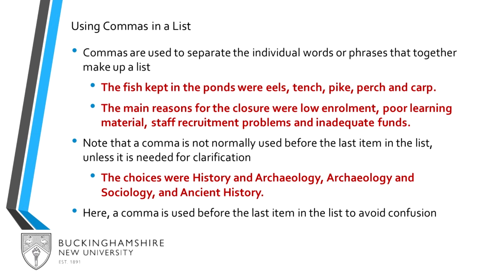And also not just limited to single words as well. If we have a look at the bullet point underneath, the main reasons for the closure were low enrollment, poor learning material, staff recruitment problems, and inadequate funds. Okay, so there we have more than just one word after each comma. We can have expressions, more than one word in a list, all right?